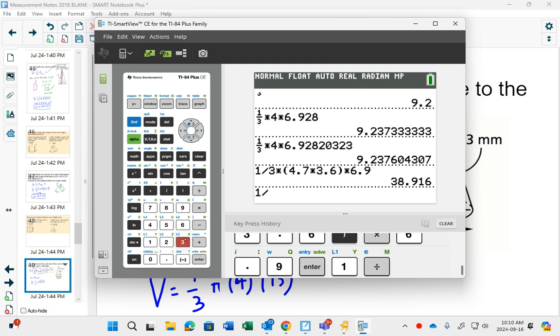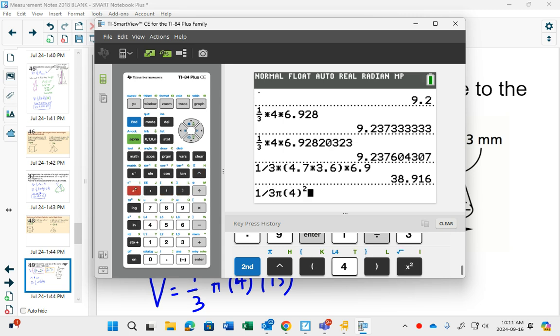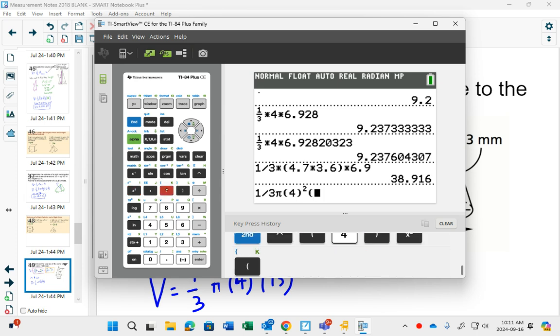1 divided by 3. You need to find the pi button on your calculator because if you use 3.14, you will be rounding early. So you want to make sure we're using the actual exact value of pi. And then I could put brackets here and square that, or I could just do the mental math and do 16. And I could put brackets here and put the 13.